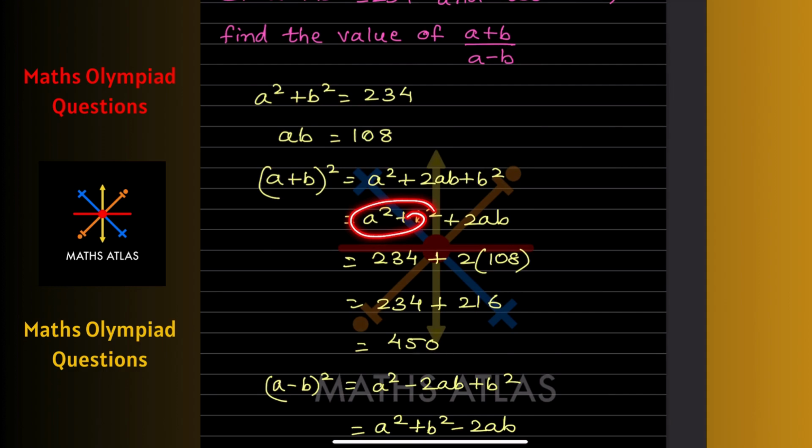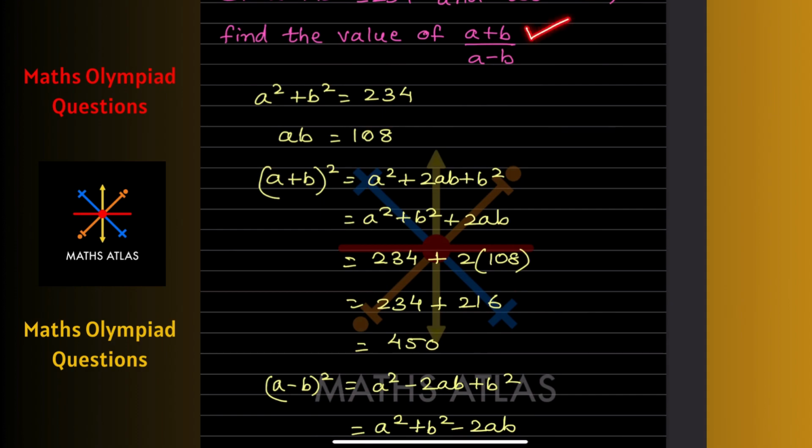For this one, we are going to write here 234 plus 2 as it is. For ab, again, it is given here 108. So we'll put here 108. Now this is 234 plus, and when you multiply, that is 216. When you add this together, you get 450. So this is for a plus b whole bracket square.